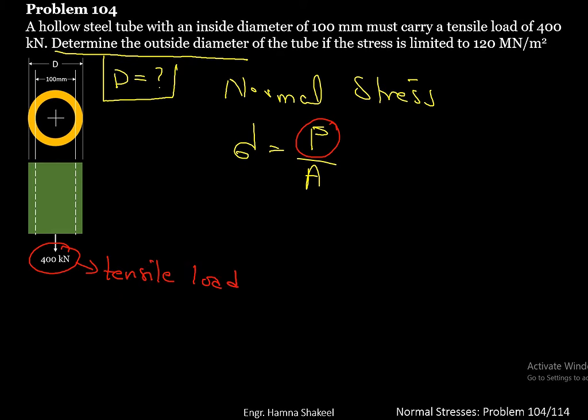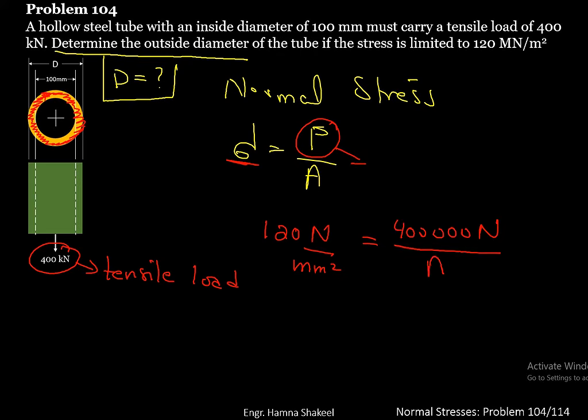And the cross-sectional area on which this tensile load is acting is the area of this hollow tube. So let's plug in the values here. We know the value of stress, that is 120 Newton per millimeter square. The value of load applied is 400,000 Newton.